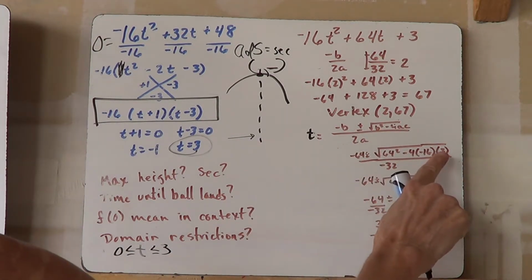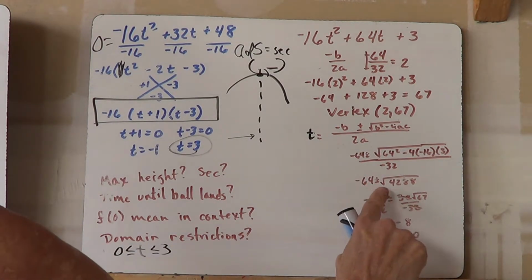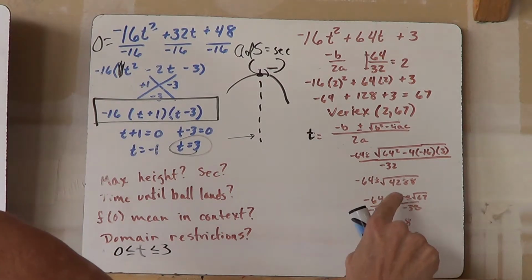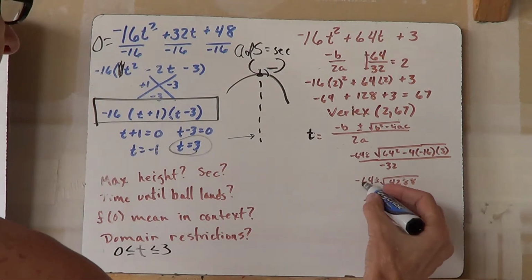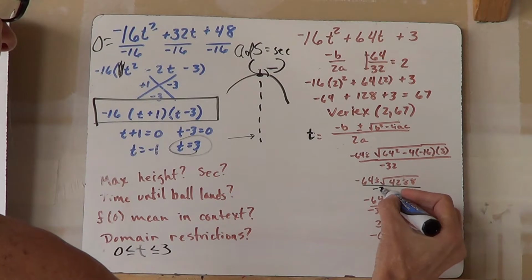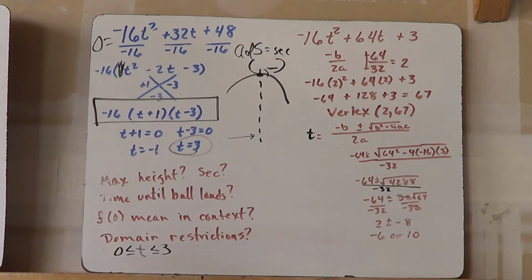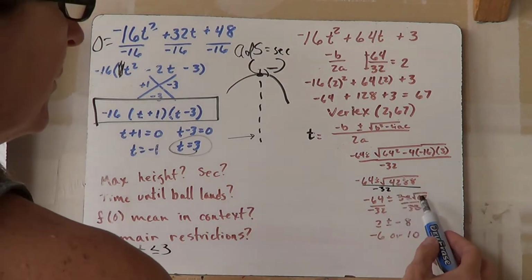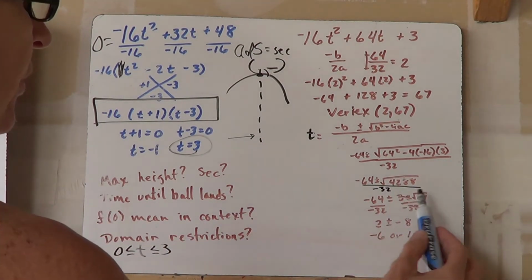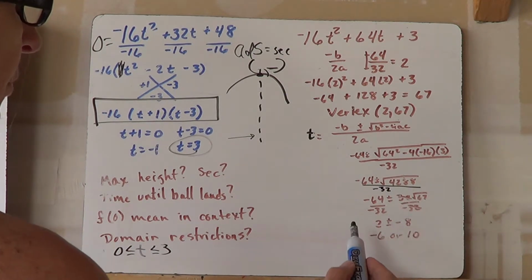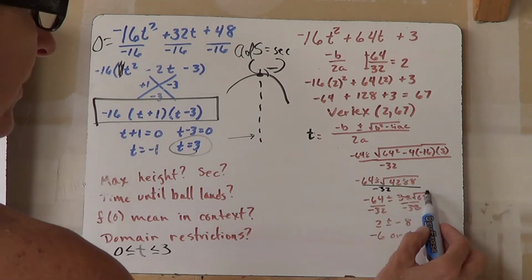I plugged in the values, and I ended up with the discriminant being, this is still over negative 32 by the way, the discriminant ended up equaling 4,288, which came out to 32 radical 67. So I could cancel the 32s, and I had a radical 67.